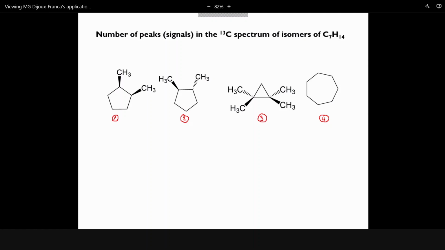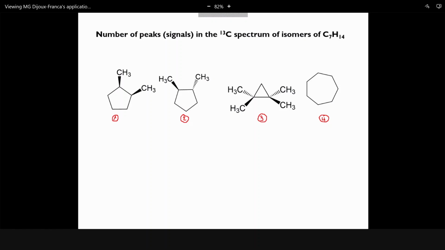For which one? One carbon the furthest away from the branch, and the other two. I'm not sure I understand what you have said. Can you repeat, please?